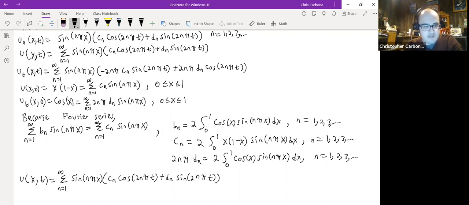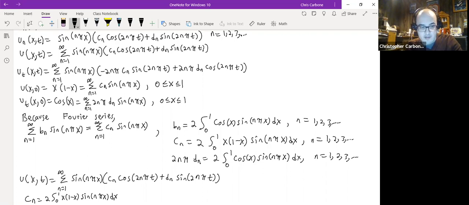And as we found, c sub n is simply 2 times the integral between 0 and 1 of x times 1 minus x times sine of n pi x dx.